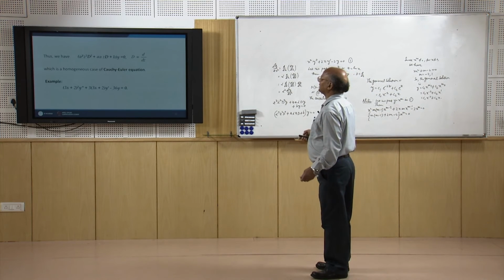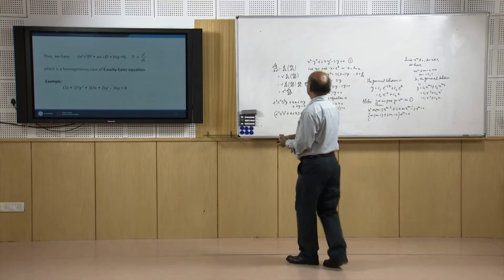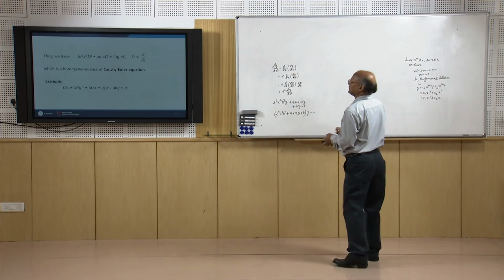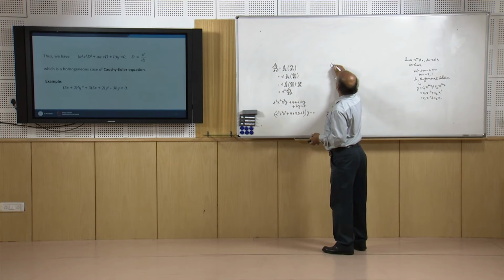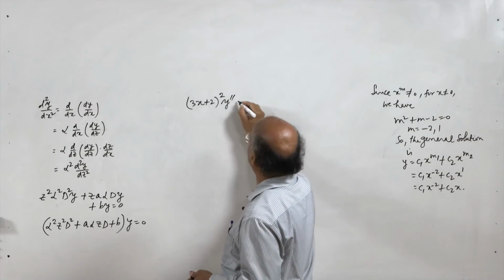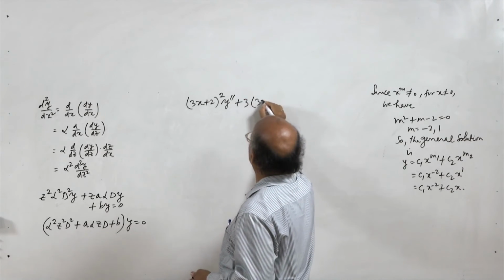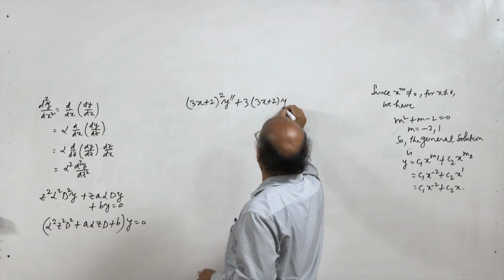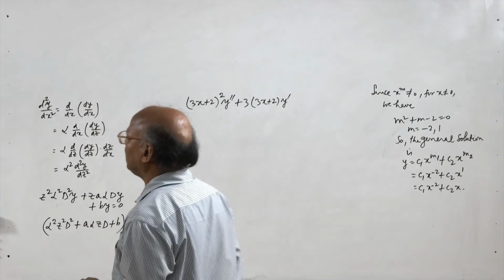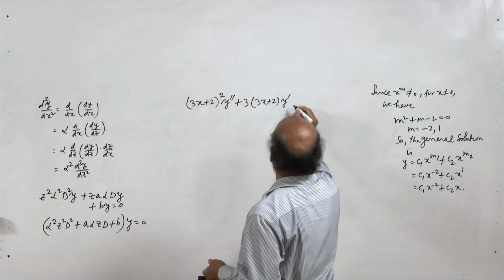Now, let us look at this differential equation. For example, we have the differential equation (3x plus 2) whole square y double dash, and then we have 3 times (3x plus 2) y dash, minus 36y equal to 0.